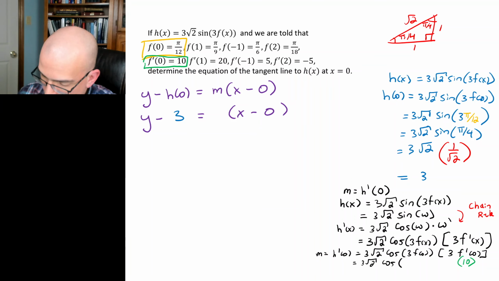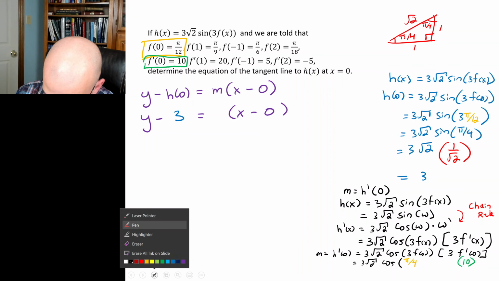Three times pi over 12, so that's going to be pi over 4. And then we can simplify. Cos of pi over 4, we go up to that special triangle.